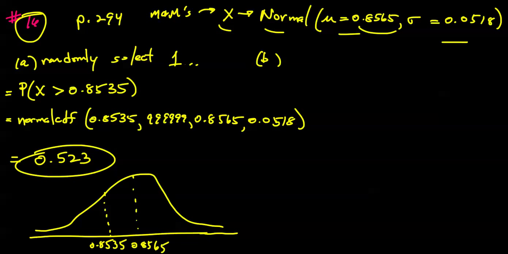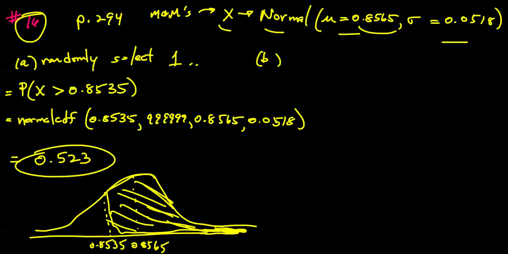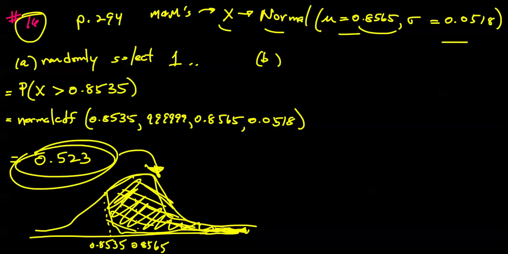So if I was to sketch this out, I really want the area under this non-standard normal curve to the right of 0.8535. And of course we make the tie-in between area under a normal distribution and probability. So this area is the probability I seek, and it's 0.523, we'll call it.